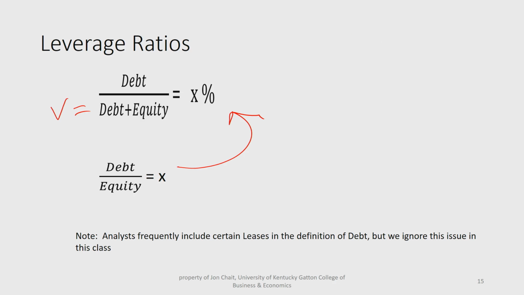So sometimes you'll see me write debt to value or equity to value. And value, remember, is just D plus E. So especially if I'm up at the board and I get impatient because I don't like having my back to you, then frequently I'll just abbreviate it with V. So remember, the V is D plus E.